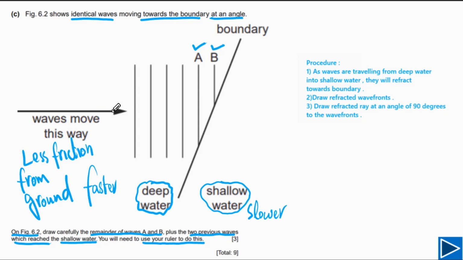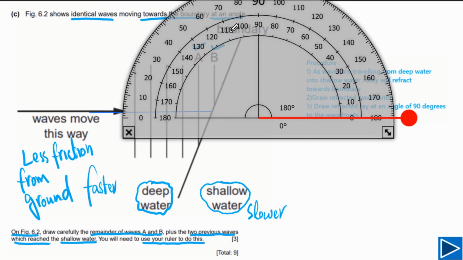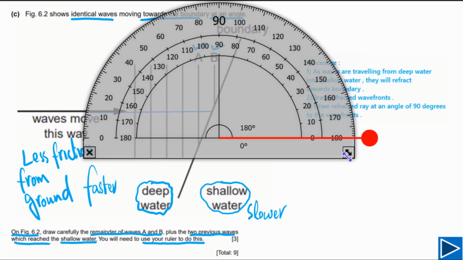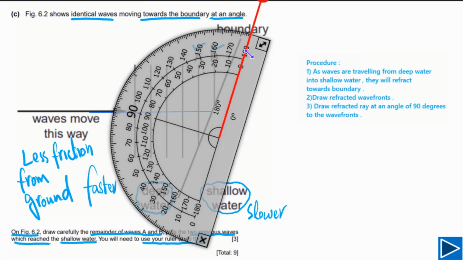In order to draw refracted rays, we need to extend this ray. So we will extend this ray. So this is our ray. Now the next step, we need to draw the normal to the surface. For that purpose, we will need a protractor, but you can also draw without a protractor if you are very confident. If not, we can simply use a protractor.